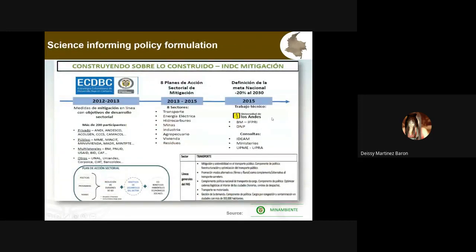So this was the process, led by the government of Colombia, and we participated in the technical work and technical support that we did in 2015, previously INDC submissions, jointly with IFPRI and other different institutions that were part of the process.